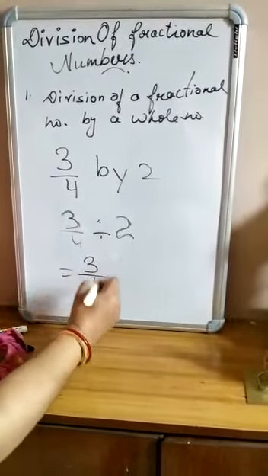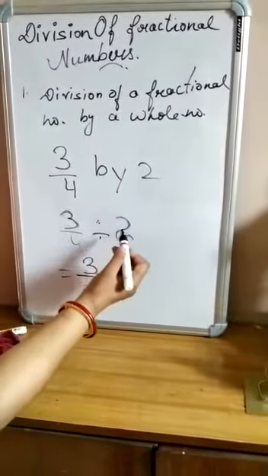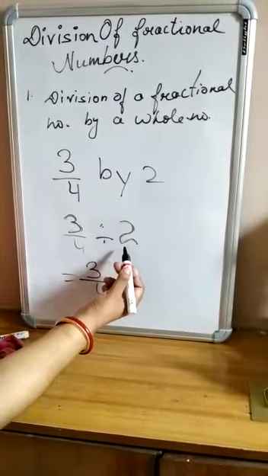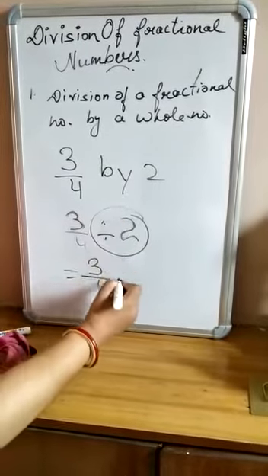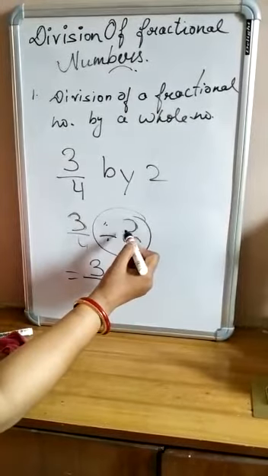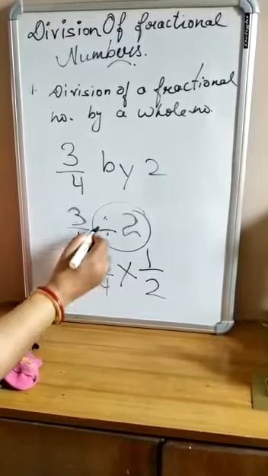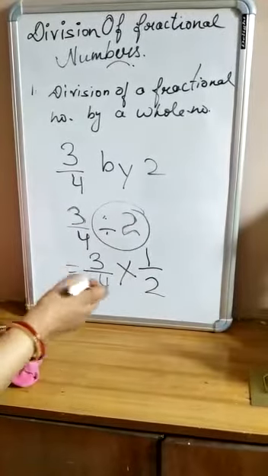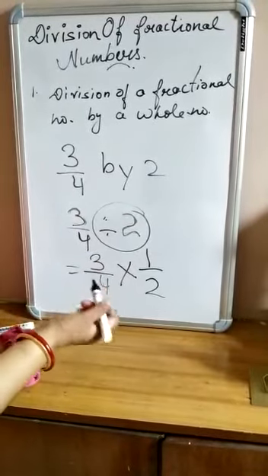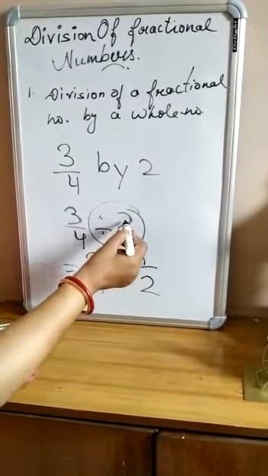3 by 4. Now we will divide by 2. It means multiplying with the reciprocal of 2. Dividing by 2 is multiplying with the reciprocal of 2. What is the reciprocal of 2? 1 by 2. What have I done? 3 by 4 is divided by 2. So, this can be done in multiplication form: 3 by 4 is multiplied by the reciprocal of 2.